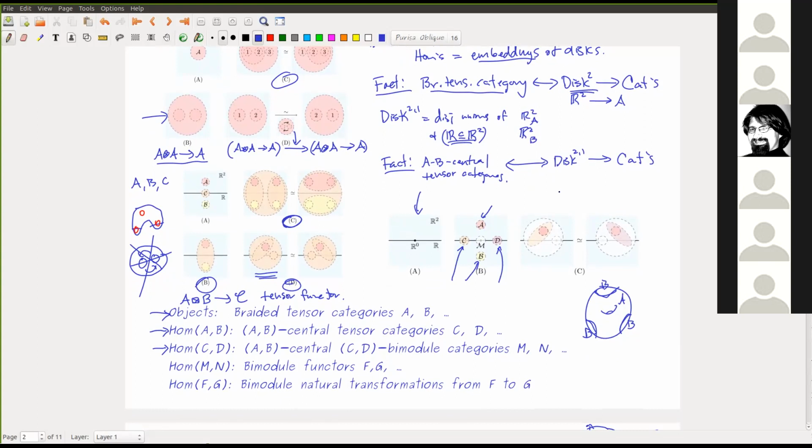So what I'm really spelling out is disk 2-1-0, what it looks like to map just 2-1-0 to categories. And basically what you get is that M is a bimodule between C and D, but it has an extra symmetry coming from the fact that A can act either through C and then to M, or through D and then to M. So you can encode what that means, and it's the notion of an AB central CD bimodule category.